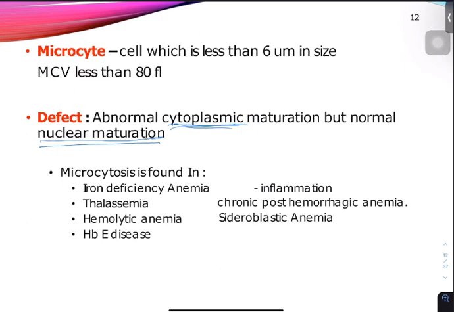Pag kay macro, it is on your nuclear maturation, while on your micro, it is in your cytoplasmic. Associated diseases are IDA, iron deficiency anemia, thalassemia, hemolytic anemia, hemoglobin E, chronic post-hemorrhagic anemia, sideroblastic anemia, and also in inflammation. You can see microcytes.